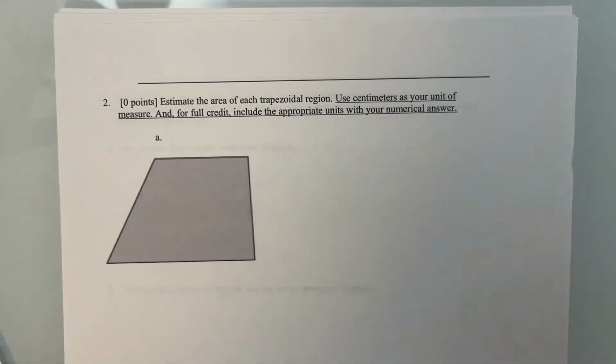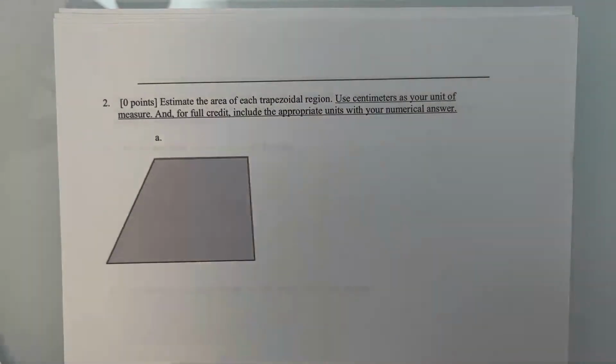So to estimate the area of each trapezoidal region, it says use centimeters as your unit of measure. Okay. And for full credit, include appropriate units with your answer. So this one does want units. I would just literally do some direct measurement.